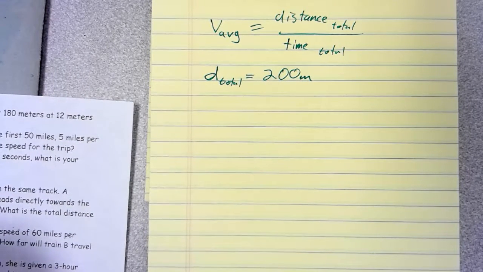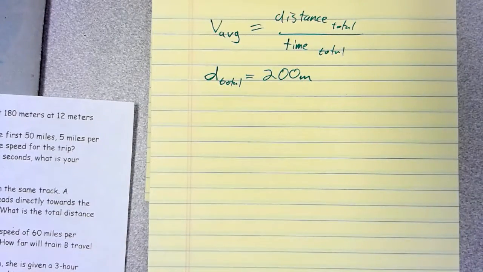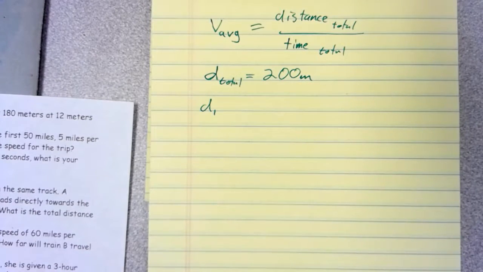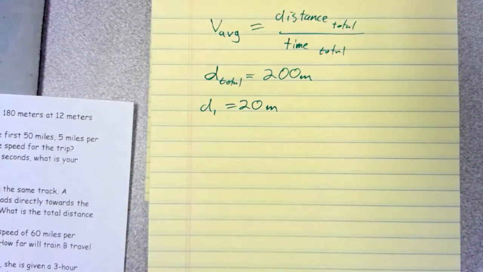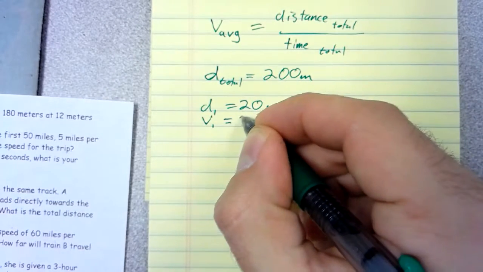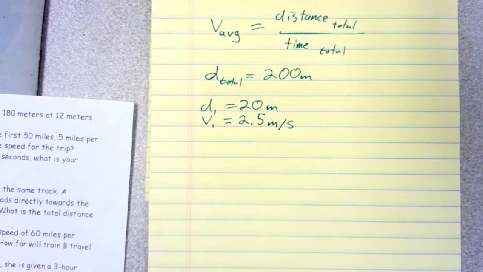I'm told that my first 20 meters, okay, so I might break this up into 2 segments, first segment and second segment. D1 is my first segment, and that is equal to 20 meters. I'm told that he runs that first 20 meters at 2.5 meters per second, so my velocity 1 might be equal to 2.5 meters per second.